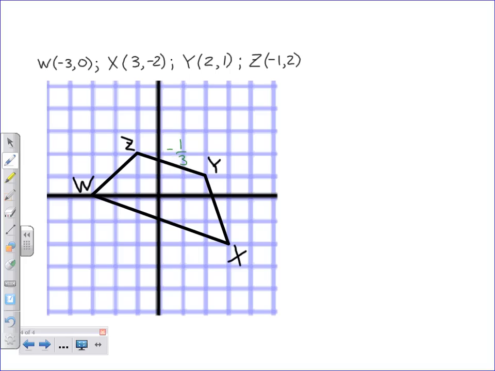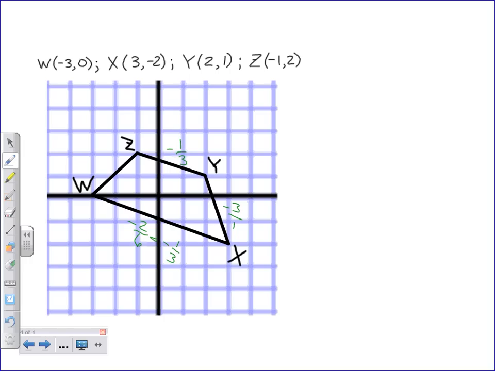For XY, we would go up 3, back 1. So 3 over 1, and again, that would be a negative. WX, we're going to go up 2, back 6. So 2 over 6, which is a negative, and that can simplify to negative 1/3.